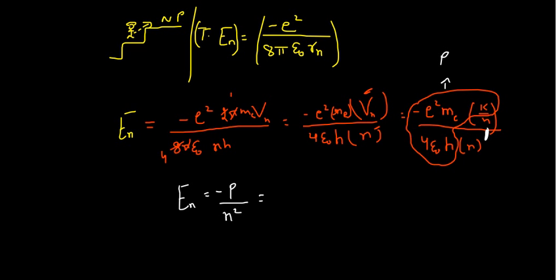If you wish to write it completely, it is minus m e to the power 4 divided by 8 n square epsilon naught square h square. As you can see, it is a little bit difficult. That's why I don't like to remember that. But you can remember that n is the only variable here.